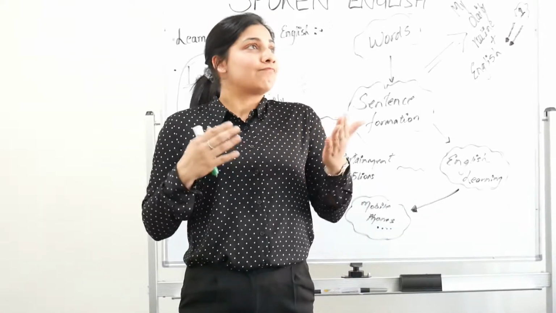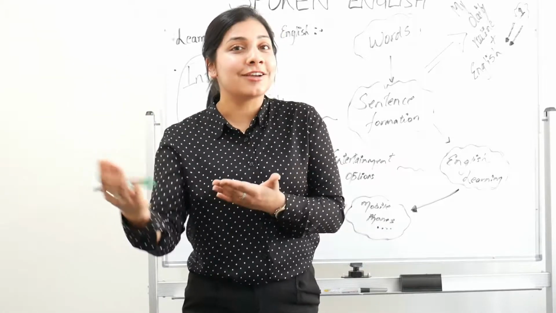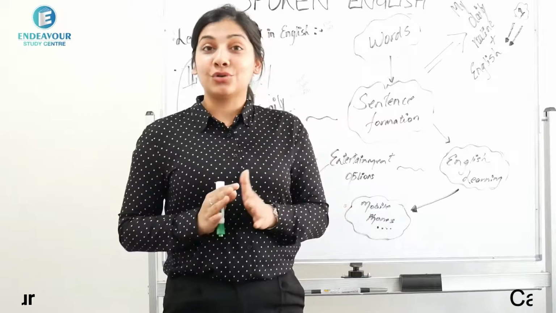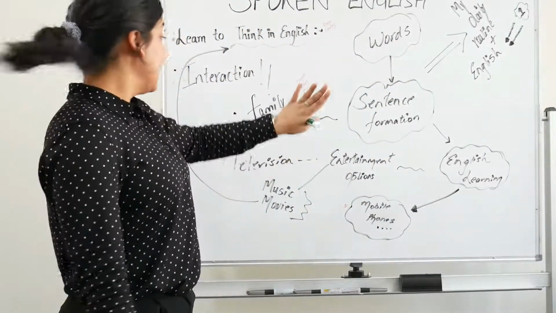For example, where are we going tonight? Or what are we having for dinner? It could be as simple as these. But I want you to make sure you use 4 sentences that are all in English language, communicating with your family.